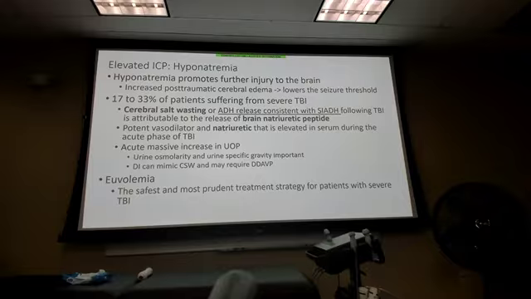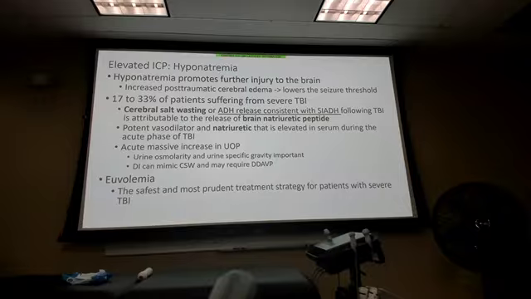But what are the two things that can be seen following TBIs? Cerebral salt wasting and ADH release consistent with SIADH. Basically, because of the release of the BNP, it causes a vasodilation, which then causes that increase in edema.